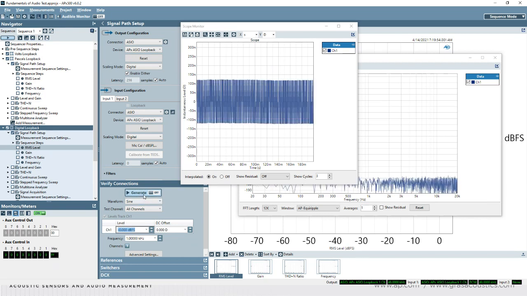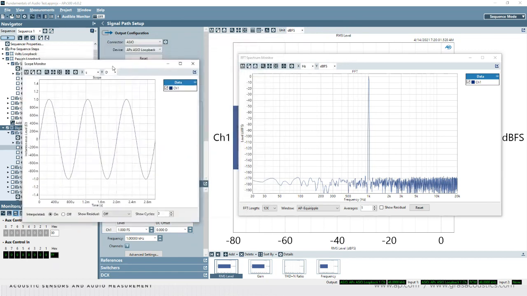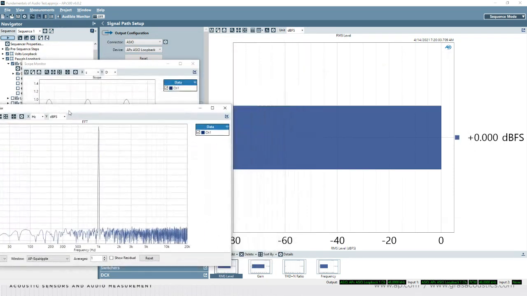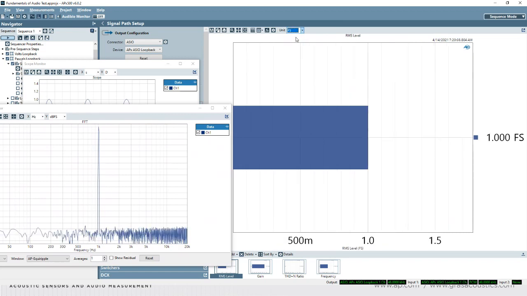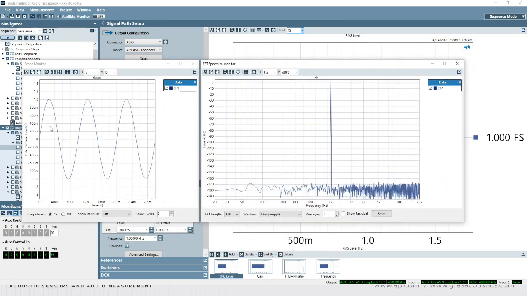I'm going to generate a full scale signal, a signal that has an amplitude of 1 FS. And this signal that has an amplitude of 1 FS, if I look at its time domain representation, you can see that it reaches this maximum digital code of +1 and -1.